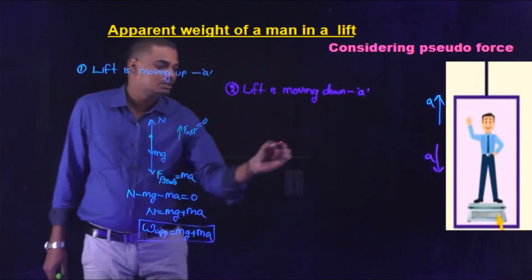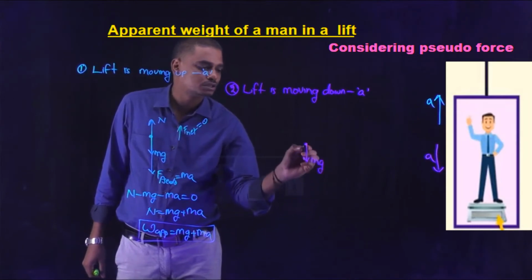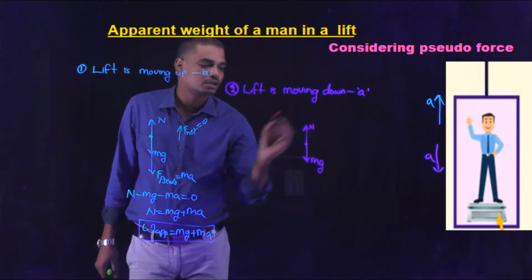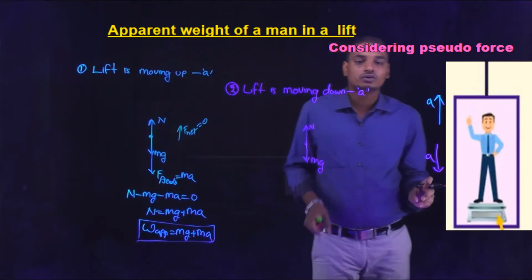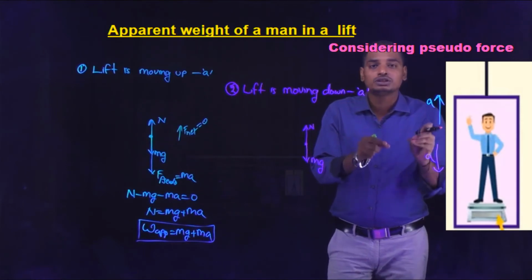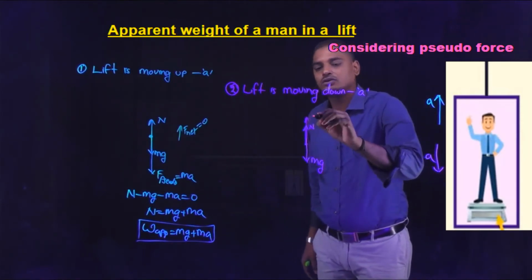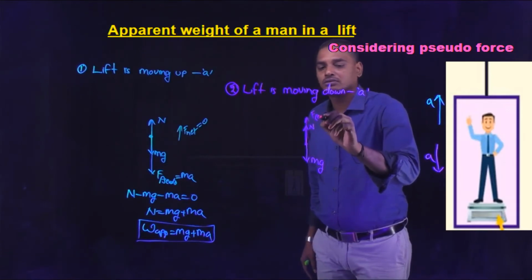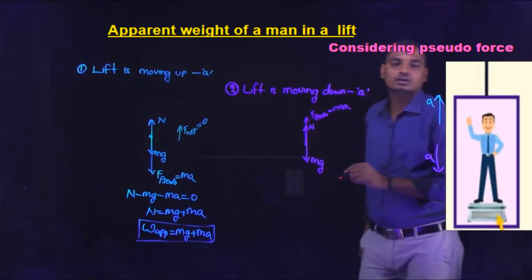If you draw the free body diagram, the weight of the body acts vertically downwards and the normal reaction acts vertically upwards. As the lift is moving downwards, there is a pseudo force acting upwards, which is opposite to the direction of the acceleration. So the direction of the pseudo force is in this manner. That is equal to ma.